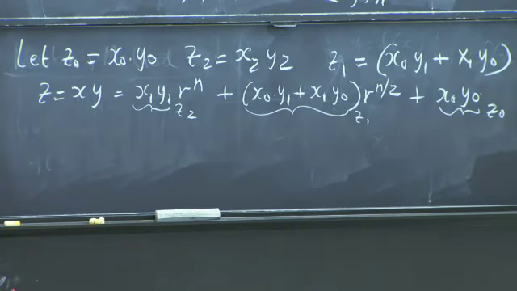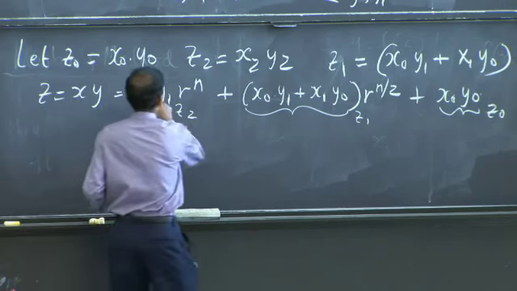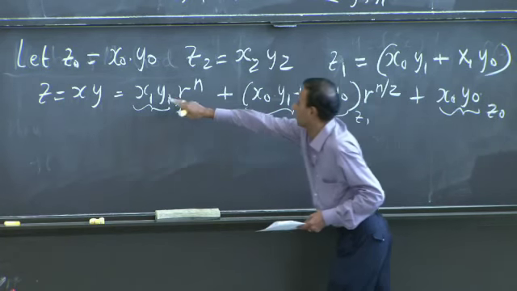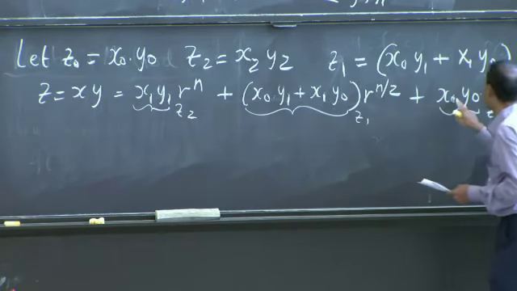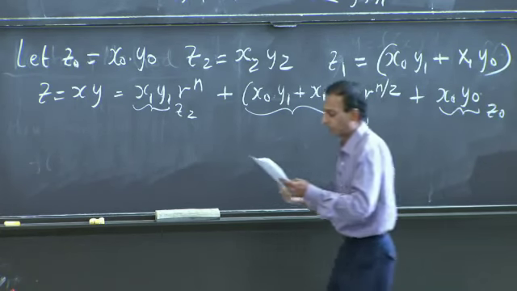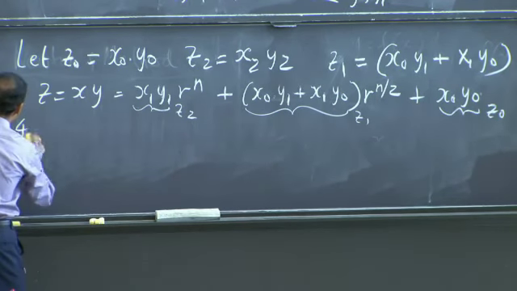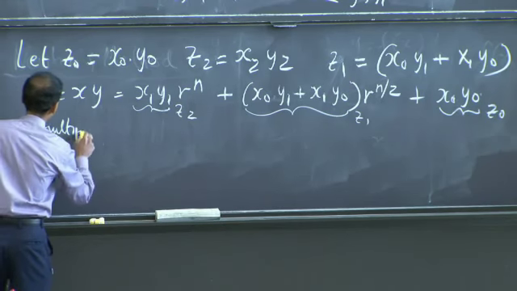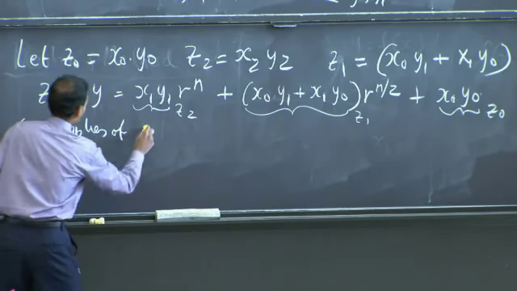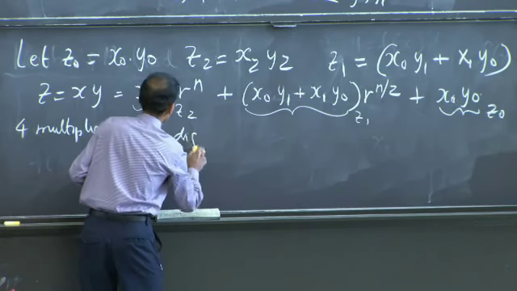If you look at it, you need 4 multiplies, 1, 2, 3, 4, of n by 2 digit numbers.